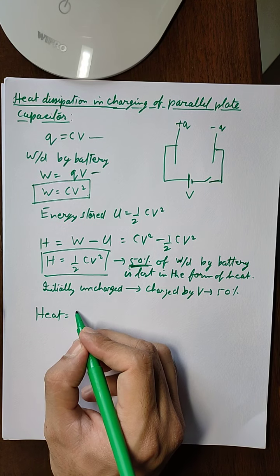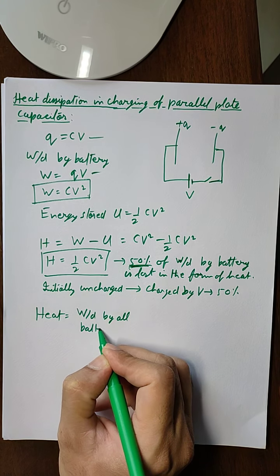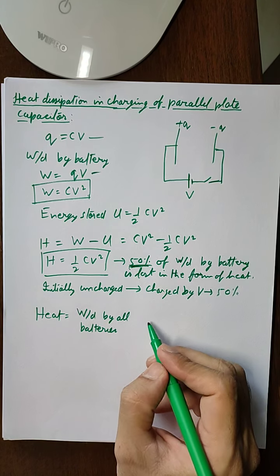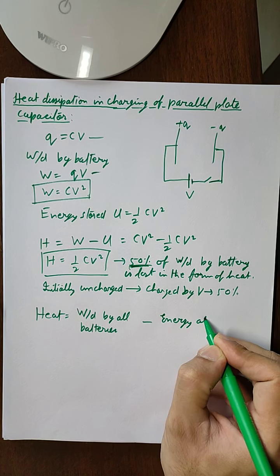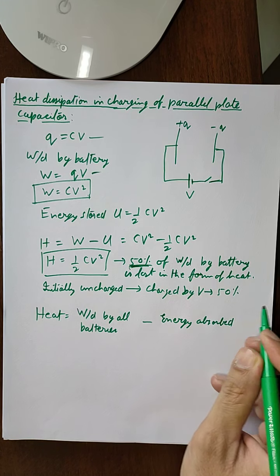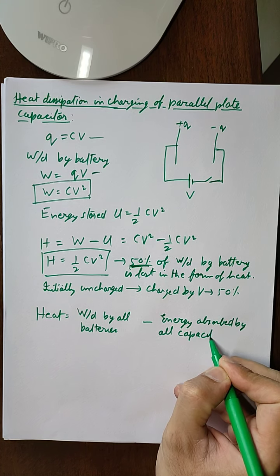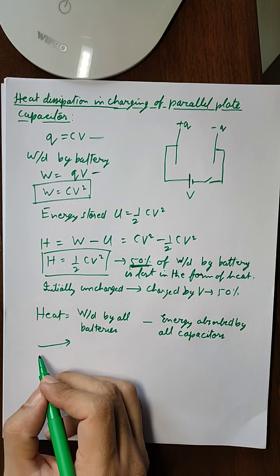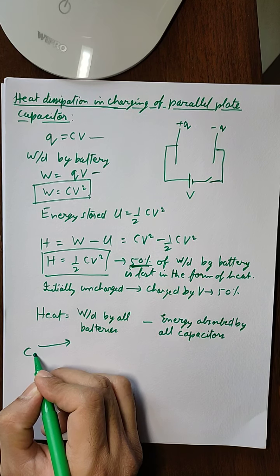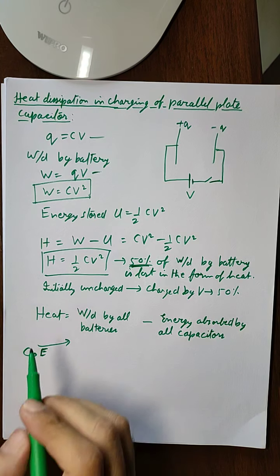The heat equals the work done by all batteries, that is more than one battery, minus the energy absorbed by all capacitors. This general formula comes from the law of conservation of energy: the work done by all the batteries minus the energy absorbed by all capacitors will be equal to the heat lost.